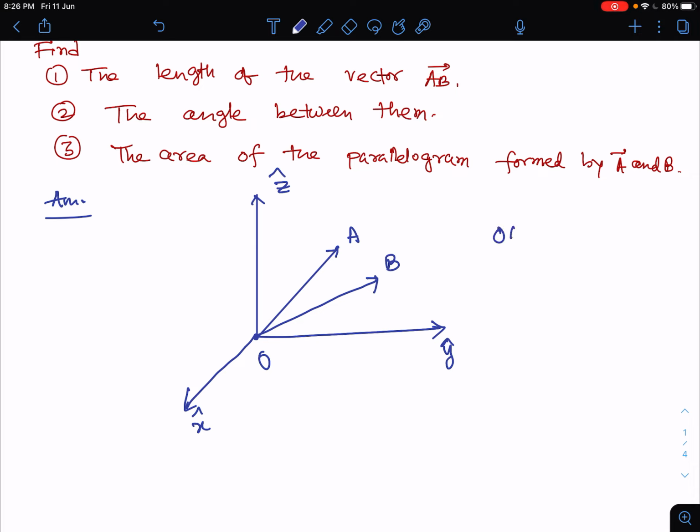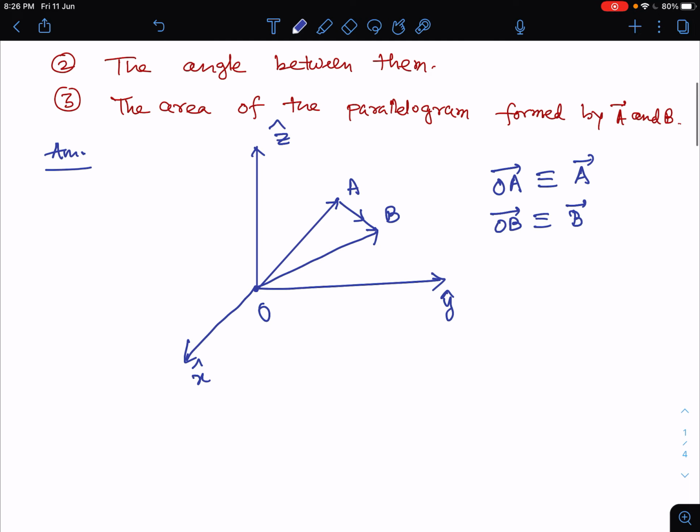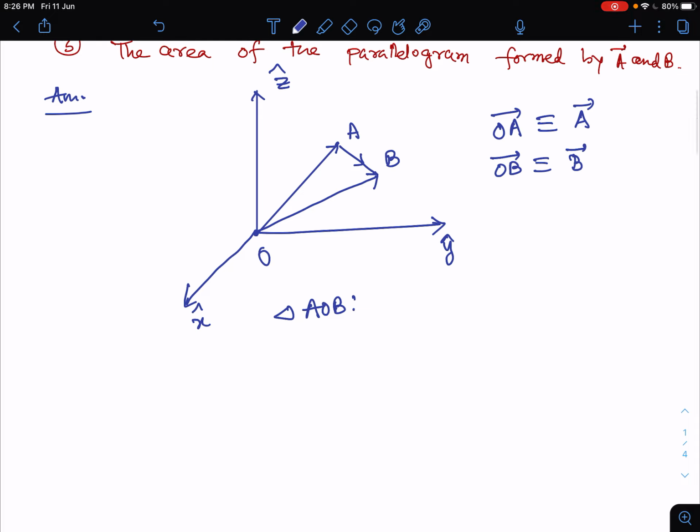OA is the position vector of A, and in shorthand OA is denoted by A, and OB, the position vector of B, is denoted by B. Now if you want to find the vector AB, from the triangle AOB, if we apply the vector addition formula, then we get OA plus AB is OB.